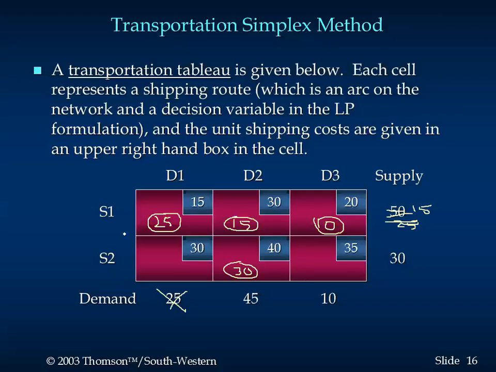Now let's again do UIs and VJs. So U1 equals 0. Here V1 equals 15. In this row, all of them are basic, so directly you'll get V2 equals 30 and V3 equals 20.